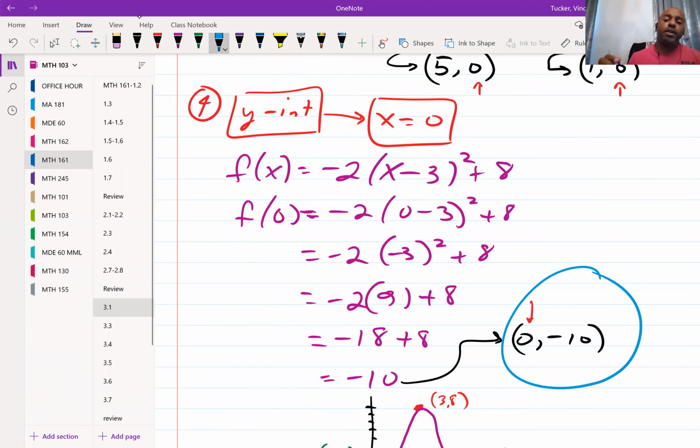And so here is our y-intercept. And notice the coordinate is (0, -10), because we let x be equal to 0. Any questions?